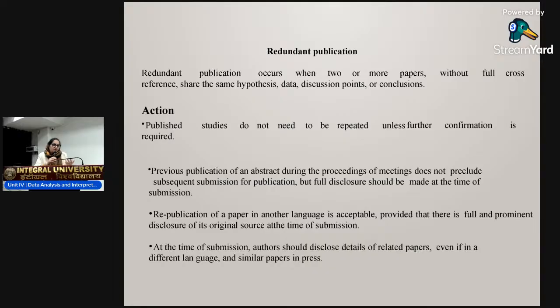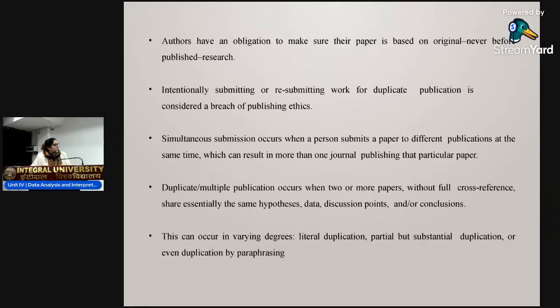An English paper, if we get it translated into Hindi or the regional language or Urdu or any other language, that's not a problem. We just have to make a disclosure. At the time of submission, authors should disclose details of related papers, even if in a different language, and similar papers in press. Okay, you have understood this earlier also. You are a bright class, so good.